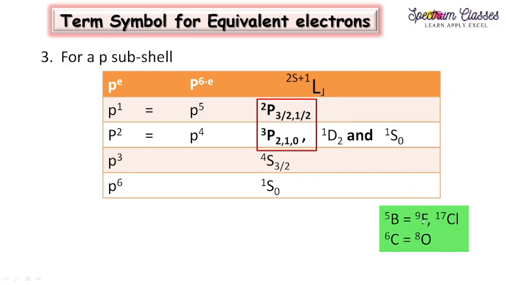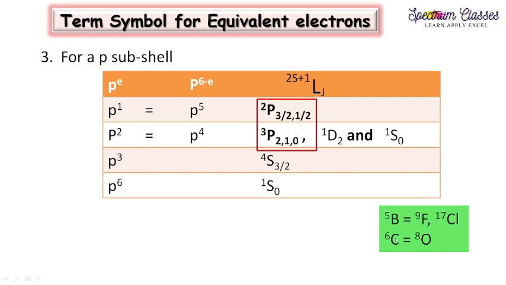And here we are having 9F halogens. So halogens 9F or 17 chlorine, we are having P5 configuration. P5 configuration is like P1 configuration, right? But it is more than half filled, so 2P3/2 will be the ground state.